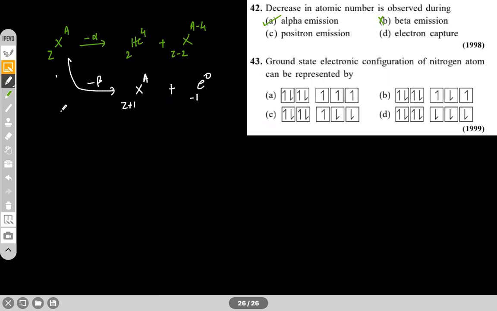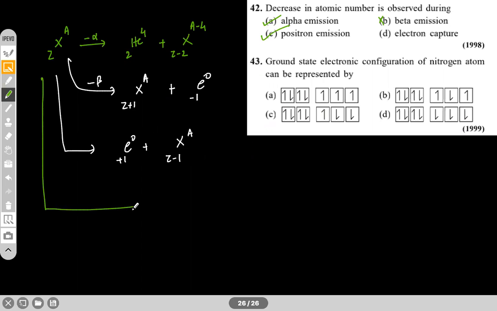Let's talk about the other one, that is positron emission, right? In positron emission one positron, one positive charge comes out, so +1. So that would be simply X, A, Z minus 1. It means this is also correct, right? And the last one we have, electron capture, means it takes one electron.